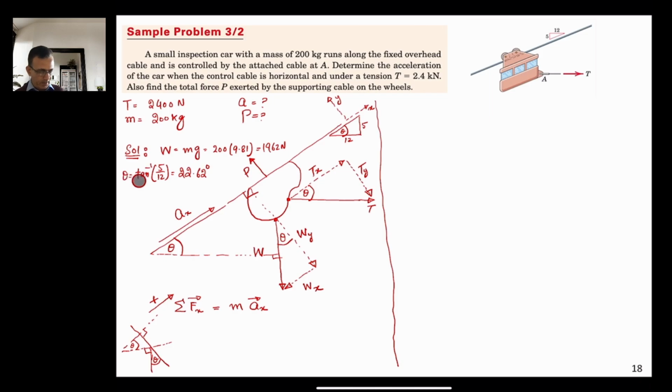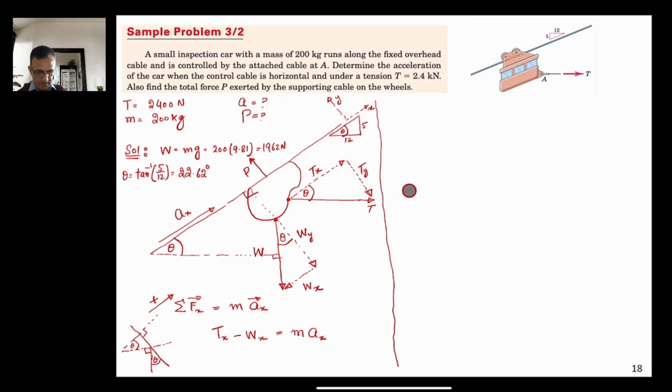So this Tx, which is in the positive x direction, will be positive. And if you look at this force here, the Wx, which is also in x direction, but in the negative x direction, opposite to this x, so this will become minus Wx. And this will become equal to M Ax. So we have only these two forces in the x direction here. So now we can put the values of Tx, Wx, and M, and then we can calculate Ax from here.